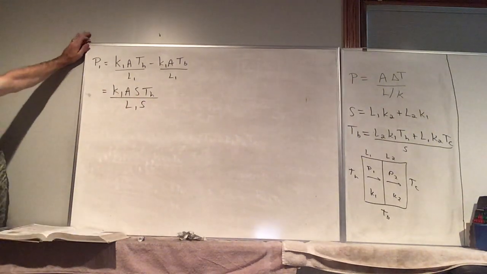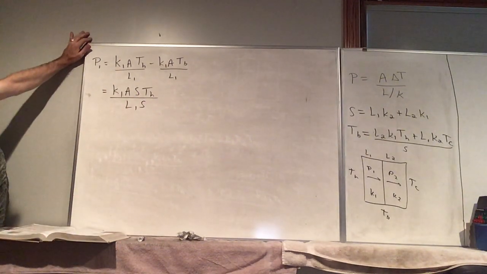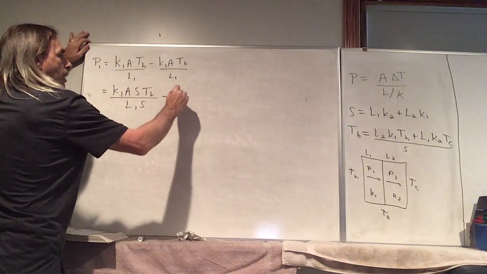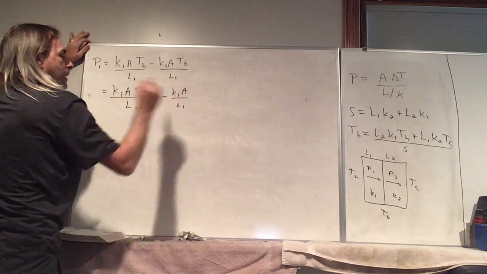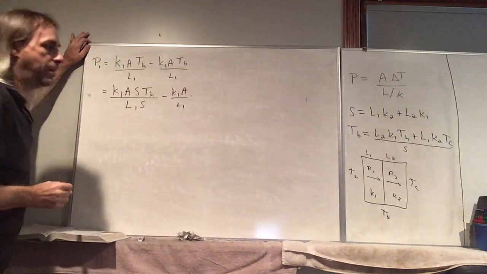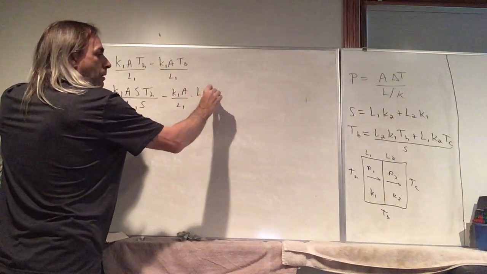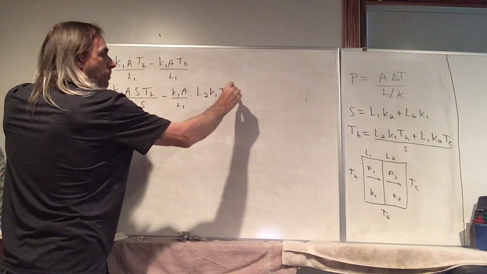times S, and then minus K1A over L1 times TB, which is this kind of mess.